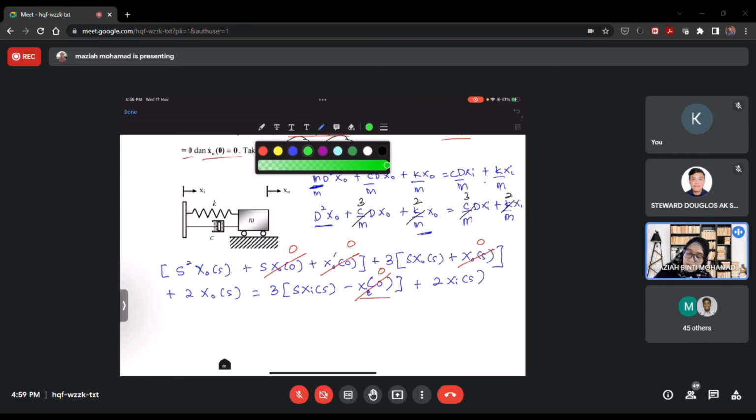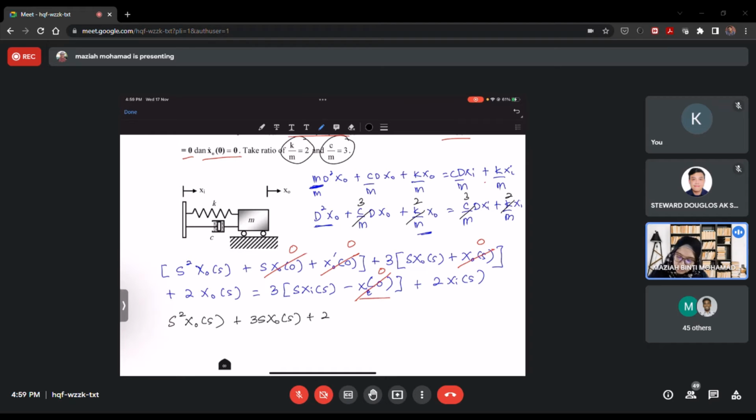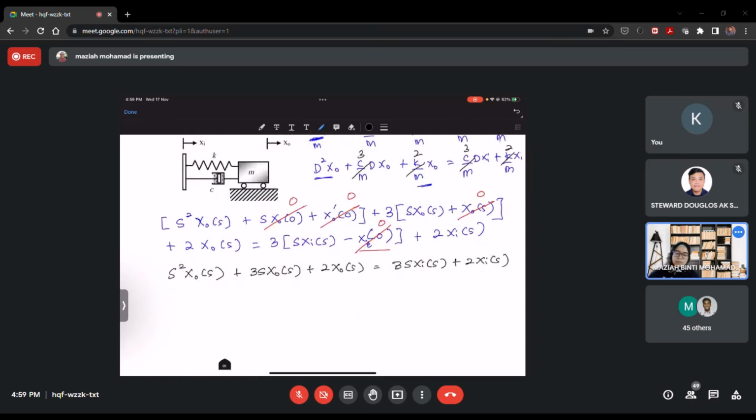Now let's write the full equation. We have s squared x naught s plus 3s x naught s plus 2 x naught s equal to 3s xi s plus 2 xi s.